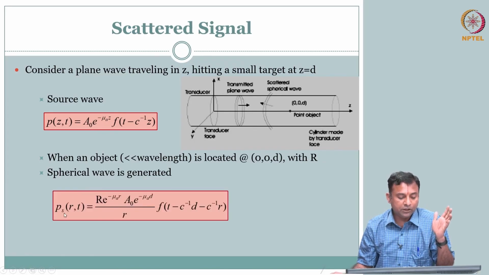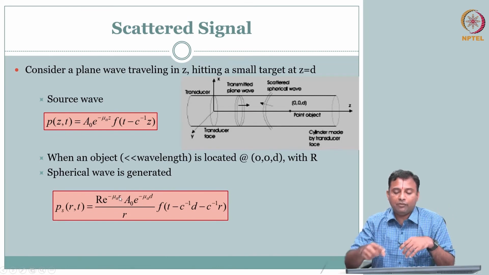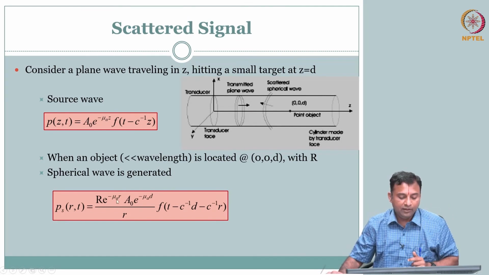So, a spherical wave is generated. You can write the equation for the spherical wave as P_R of t is R, the reflection coefficient, times exponential of minus mu A r. So, after it comes, it is decaying with r, with the source term t minus r over c.